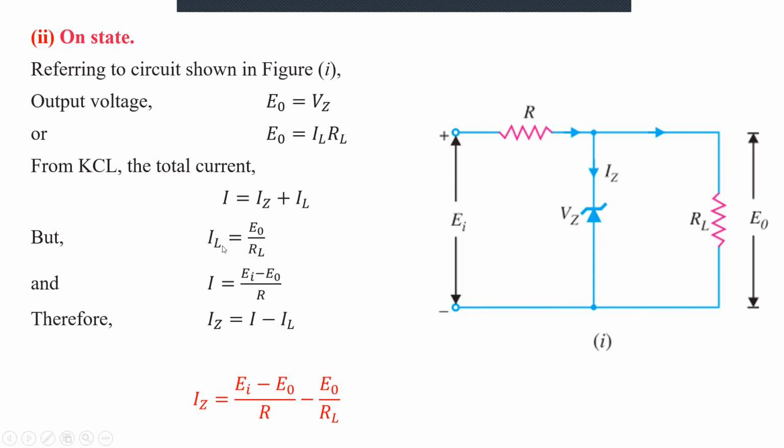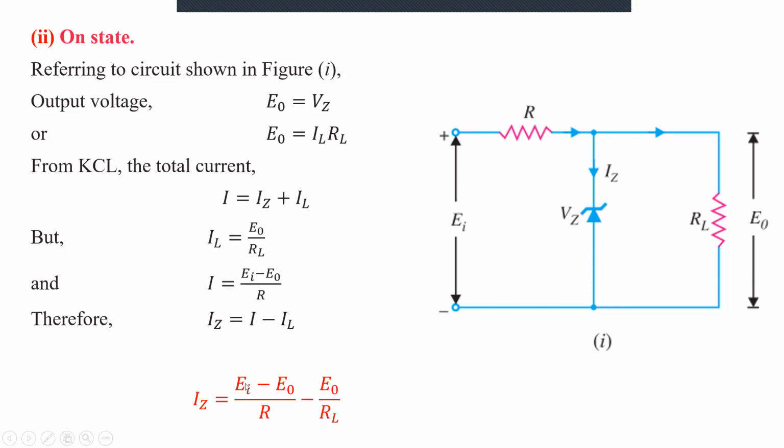The load current is the output voltage divided by the load resistance, and the total current is given by this expression. The Zener current depends on E naught, EI and R.